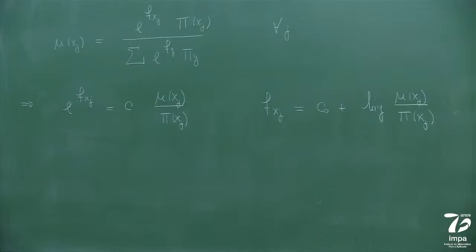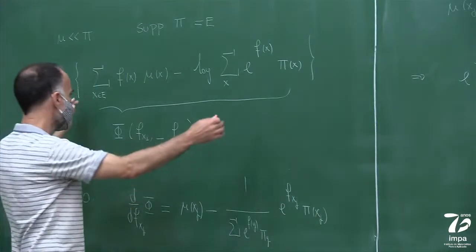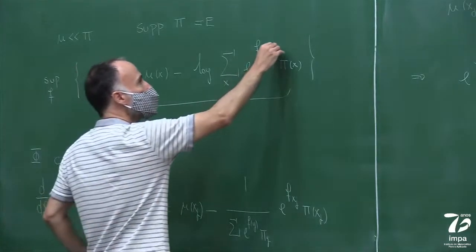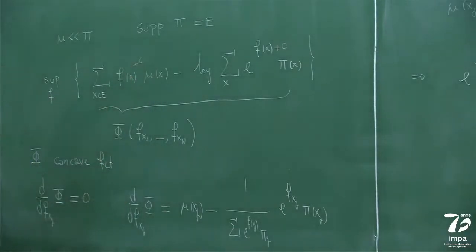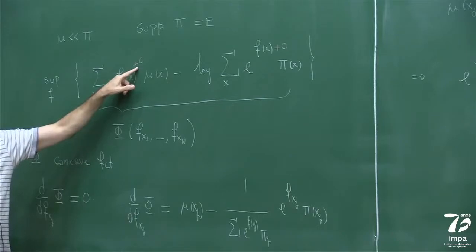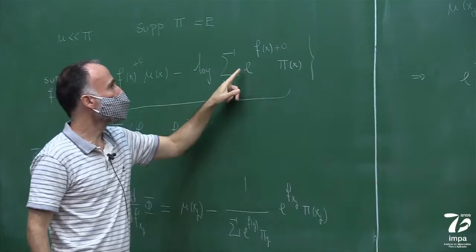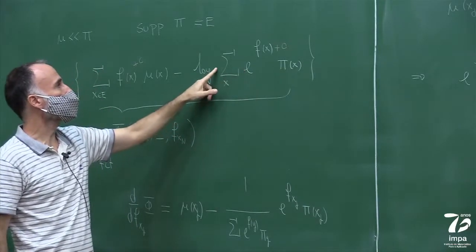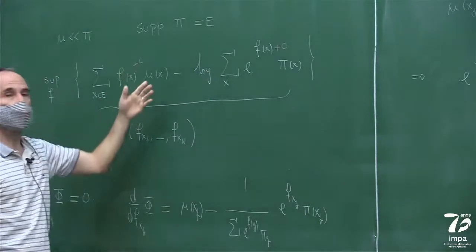And what you observe is that if in this equation I add a constant, it doesn't change. So in this phi, if I add a constant c to each f(x), in the first term what I get is c, because mu is a probability measure. And in the second term, I get an exponential c which multiplies, so I get a log of exponential c, which is c, which cancels.